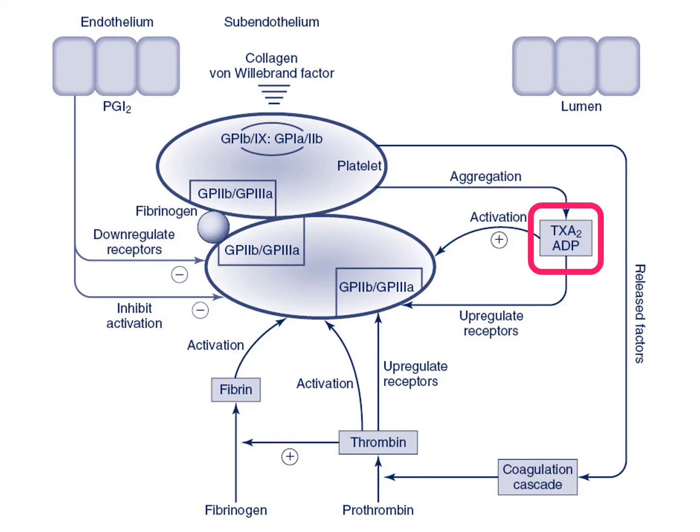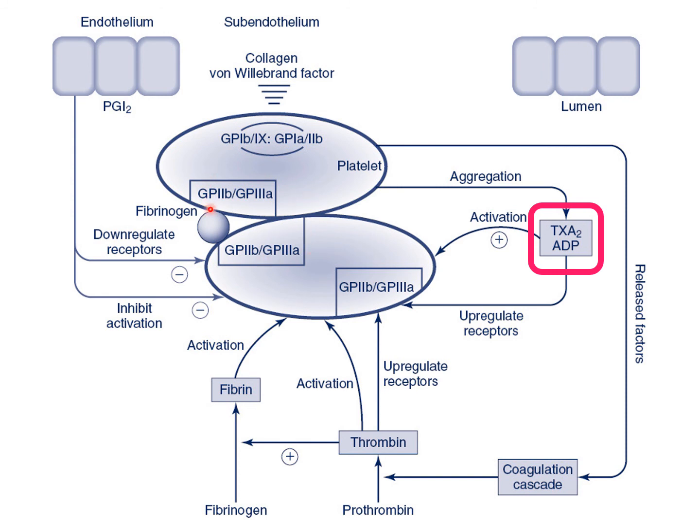When you're looking at this figure in your book, it's really complicated, and a lot's going on here, and it's a little tricky in the wording, so I'm going to try to dial it down a little bit. If you have chronic inflammation, what will happen is the endothelium will dysfunction, and you no longer downregulate what are called glycoprotein receptors. These guys over here are receptors that are on platelets. So these circles right here are platelets.